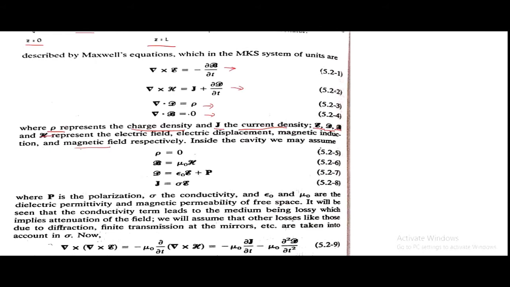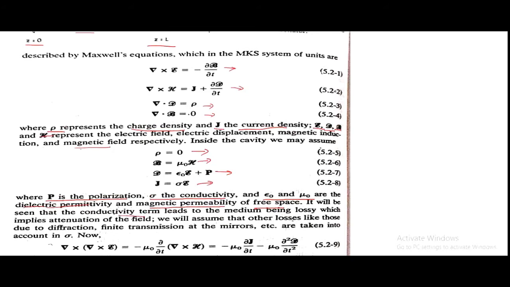Inside the cavity we can assume rho equals 0, B equals mu 0 H, D equals epsilon 0 E plus P, and J equals sigma E. Here P is the polarization, sigma is the conductivity, epsilon 0 and mu 0 are the dielectric permittivity and magnetic permeability of free space.